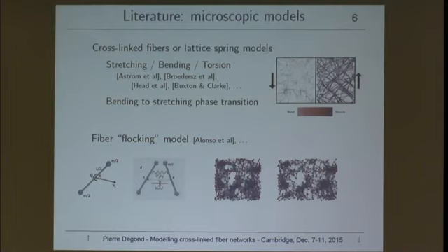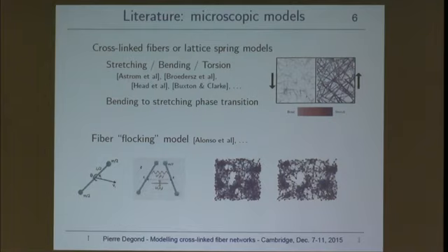They can also twist. And there's been a lot of work on, say, the rheology or the mechanical response of these networks. In particular, there's been some work on some interesting phase transitions that occur in these media when you increase the density of beams. You have a bending to stretching phase transition.